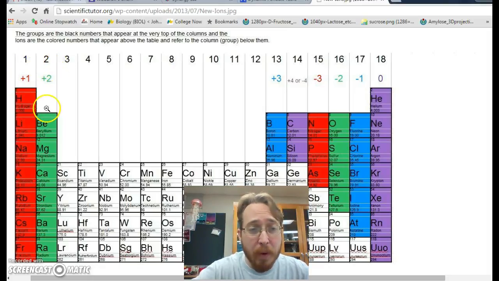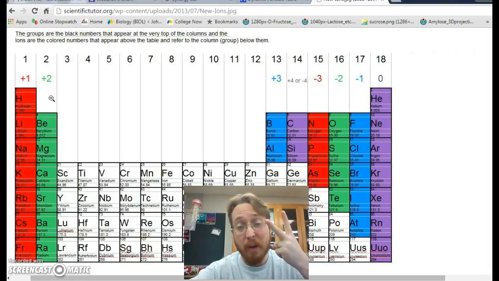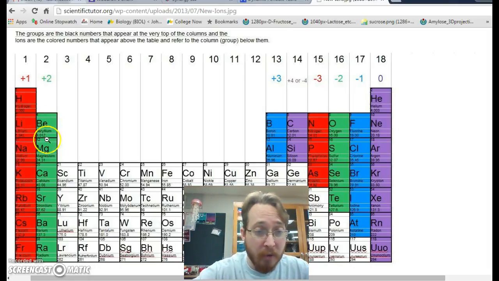This group has 2 valence electrons, and since they have a low electronegativity, they're going to lose electrons. If you lose electrons, you get a positive charge. And they can lose 2 electrons before they get to their full valence shell, so they will have a positive 2 charge. All of the elements in this group, when they form ions, form positive 2 ions.